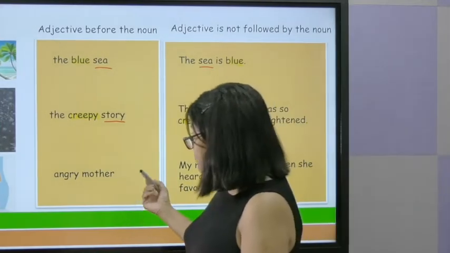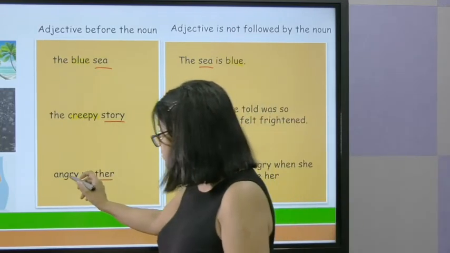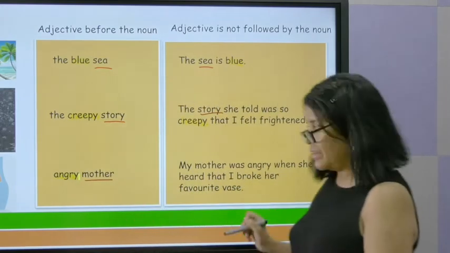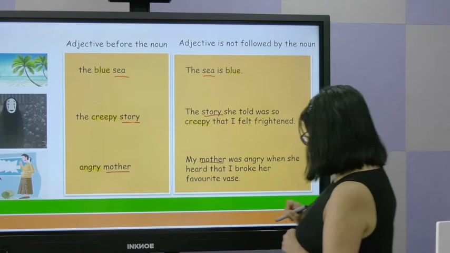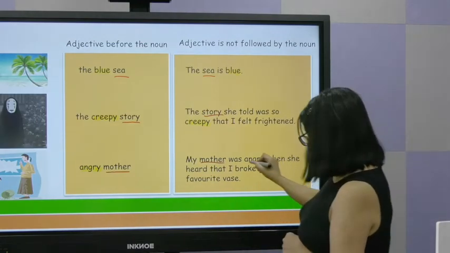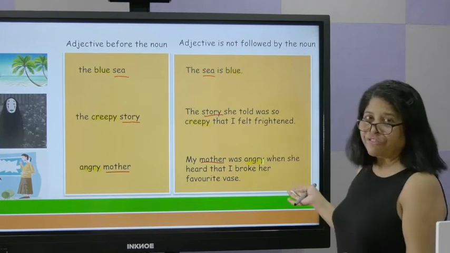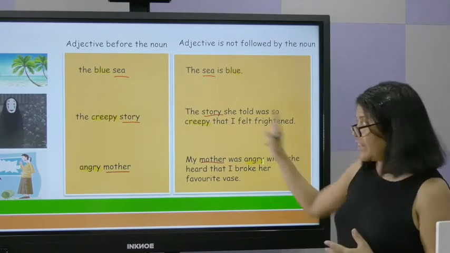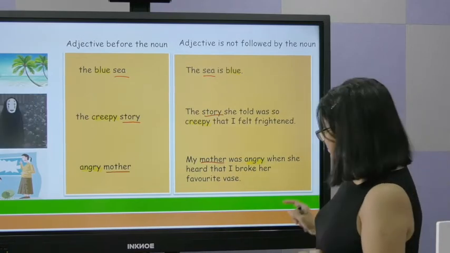Here we have angry mother. The noun is this, mother, and the adjective is angry. And here, the noun in front, and the adjective is after it. So you can see the difference, and both mean the same thing. You can say it either way. Let's look at what we have next.